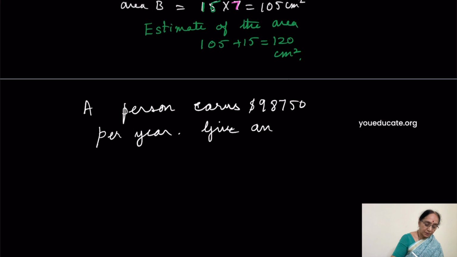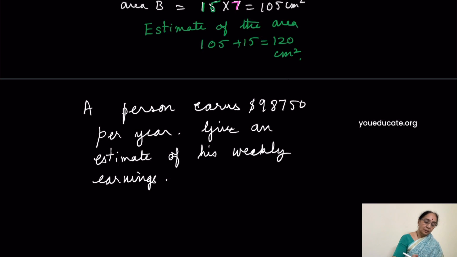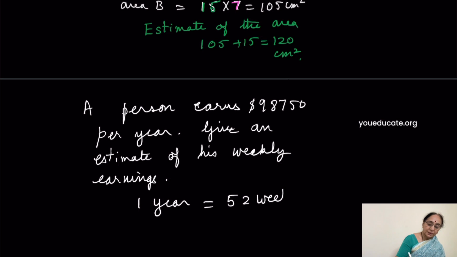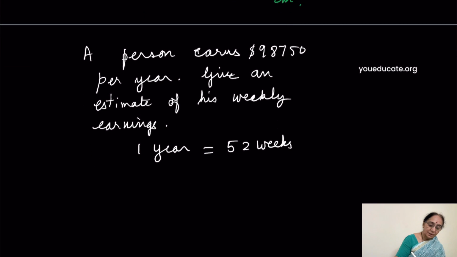Give an estimate of his weekly earnings. Now, how many weeks are there in a year? In 1 year, you have 52 weeks. So to get the weekly earnings, I divide 98,750 by 52. That gives me the weekly earnings.